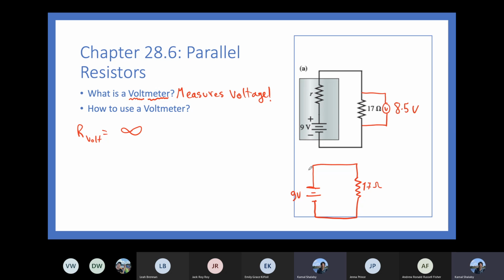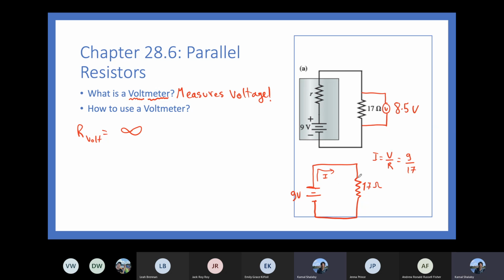First you need to find the current. I is equal to V over R, so that'll be 9 over 17.